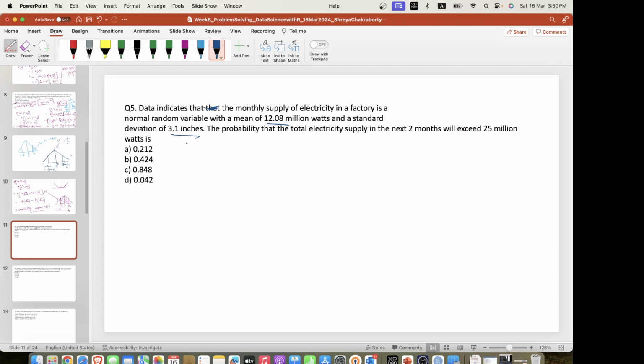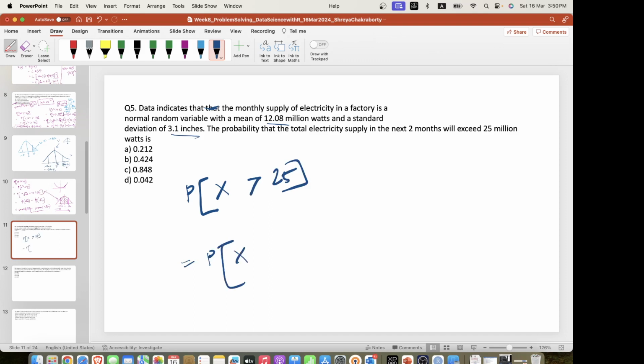So the probability that monthly supply, let's say X, would be greater than 25. This is what we want.